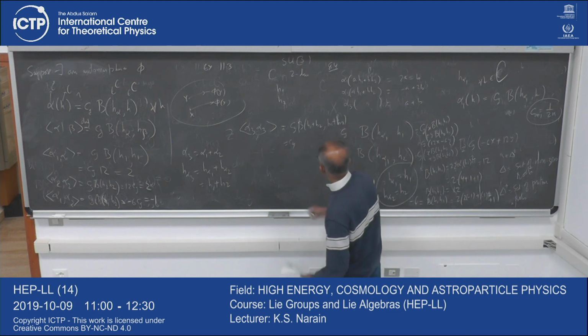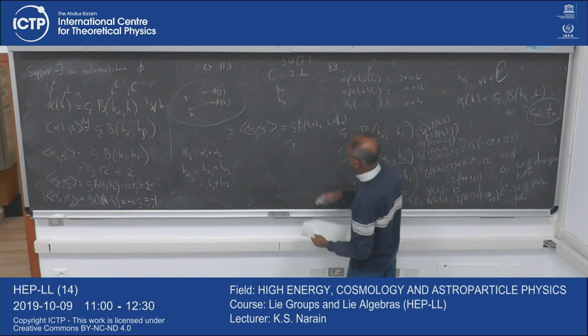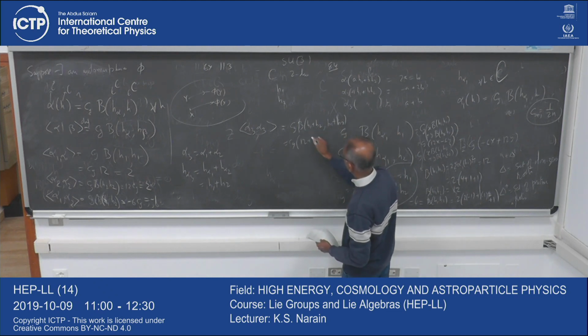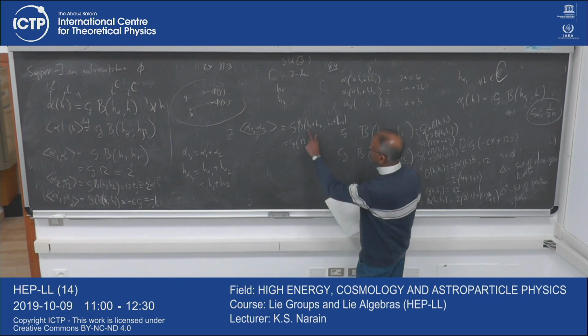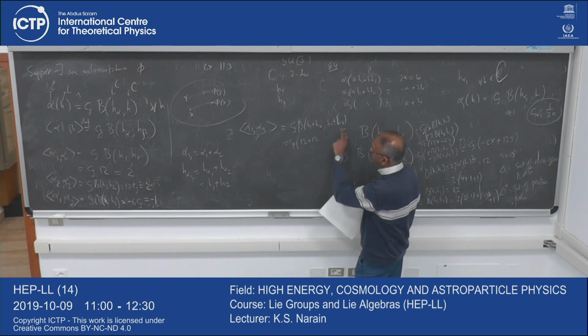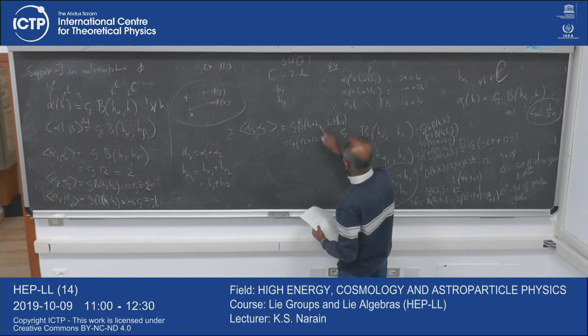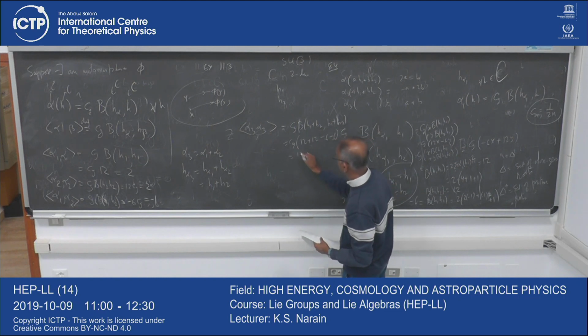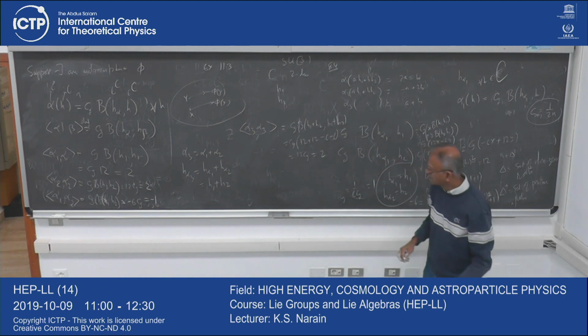This is CG times: B H1 H1 is 12, B H2 H2 is also 12. Then you have B H1 H2, you open it up, bilinear, I mean linear in this, linear in that. So H1 with H2 is minus 6, and H2 with H1 is again minus 6, so this is again 12 CG, which is equal to 2, if CG is 1 over 6.